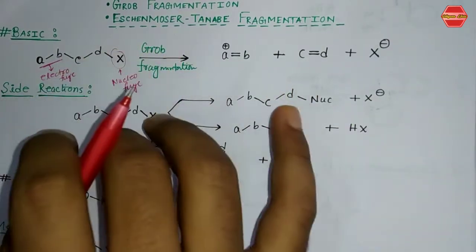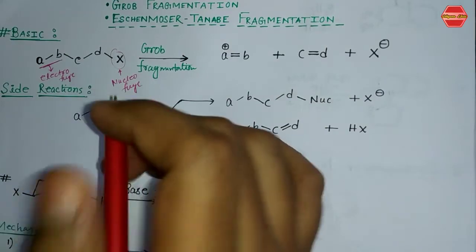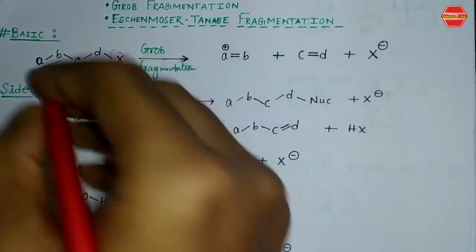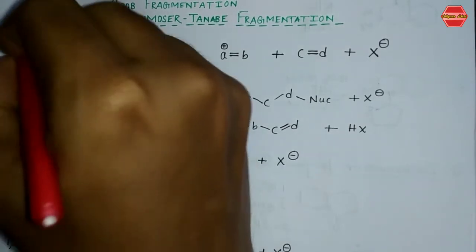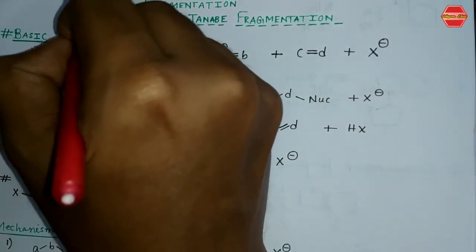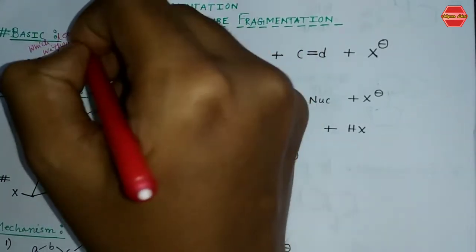First, the electrofuge basically leaves without the bonding pair of electrons. So the electrofuge is the part which leaves without the bonding electron pair.